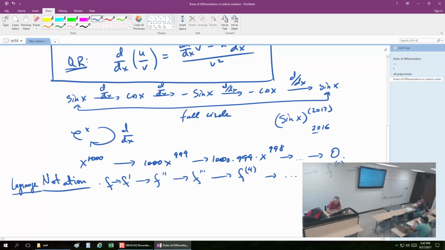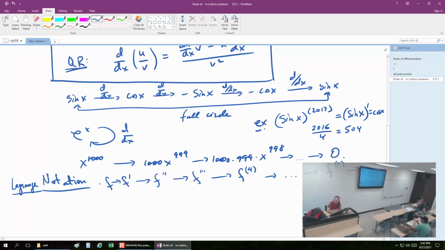Let me divide. 504. So indeed 2016 is divisible by 4, which means you make that number of circles coming back straight to sine. So the only one remaining to be differentiated is one time. So it will be simply sine x prime, which is cosine.